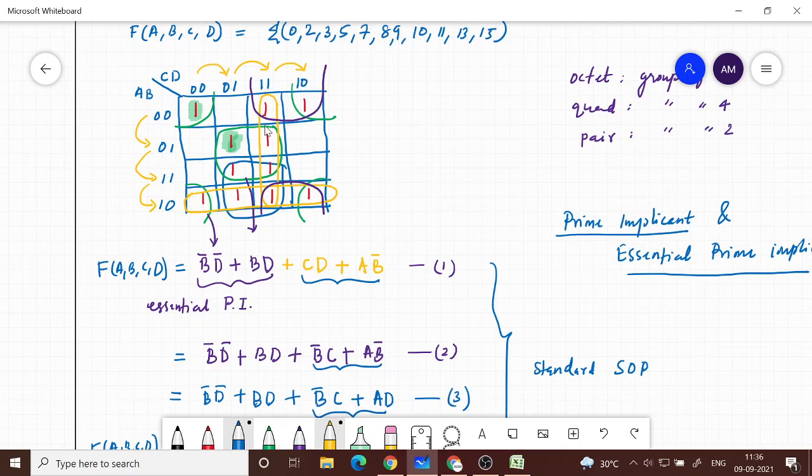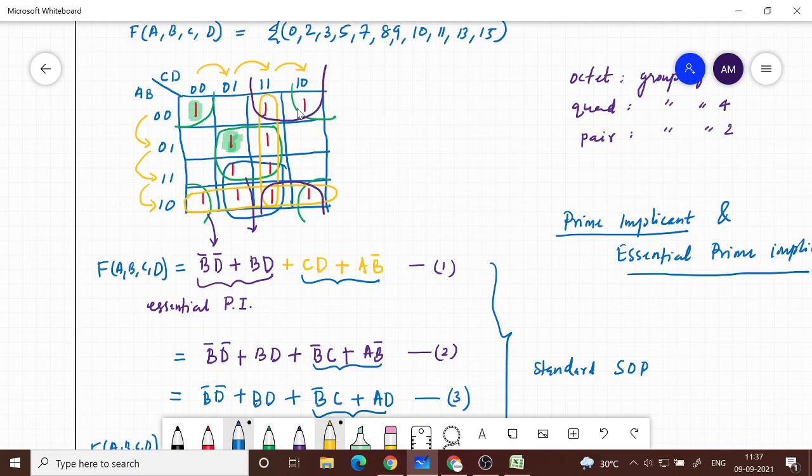There is only one group of 4 which can cover it. But if you look at any other ones, you can show that they can be covered in multiple ways.